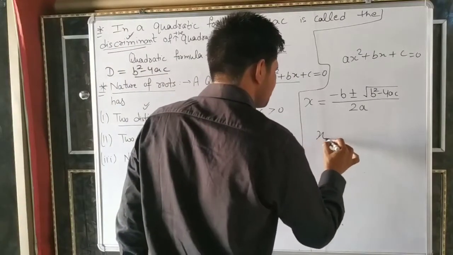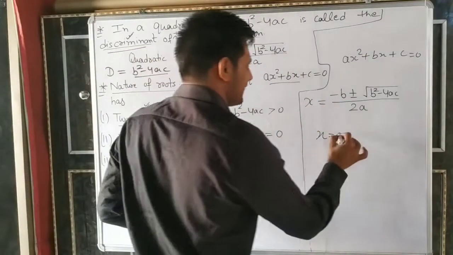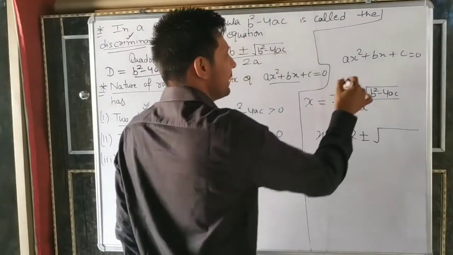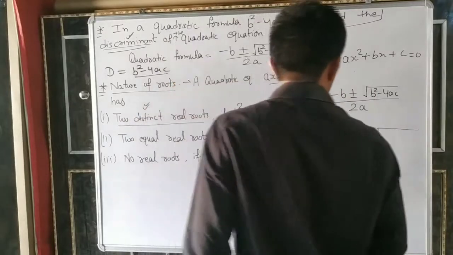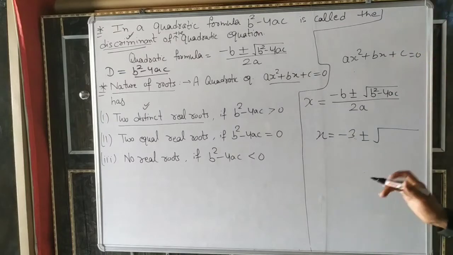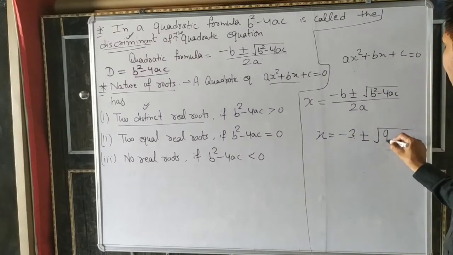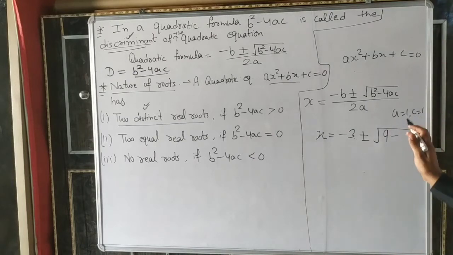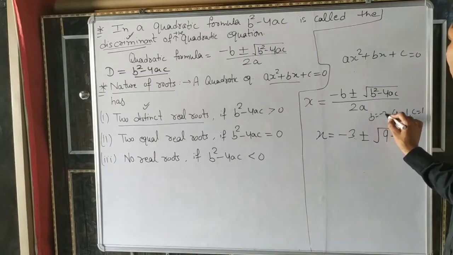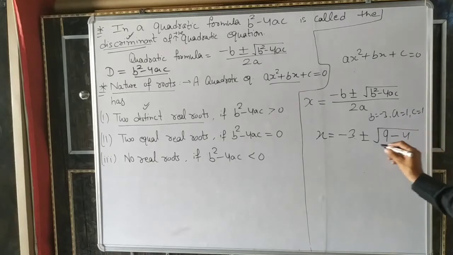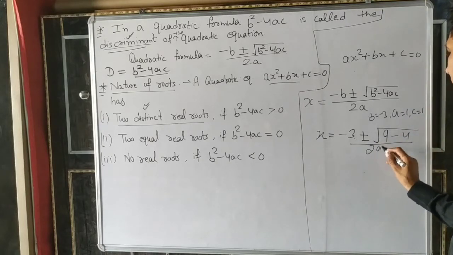Suppose like this one. Suppose b is minus 3, so b square is 9, and a is 1 and c is also 1. It is a quadratic equation in which b is minus 3, a is 1 and c is 1. So 4 into a into c is 4 into 1 into 1.